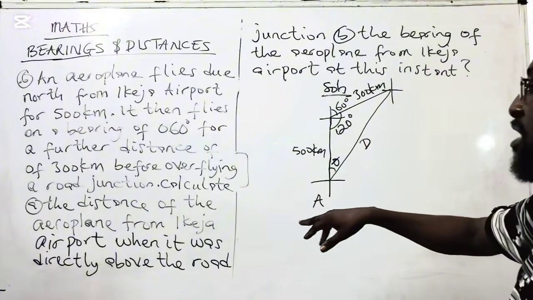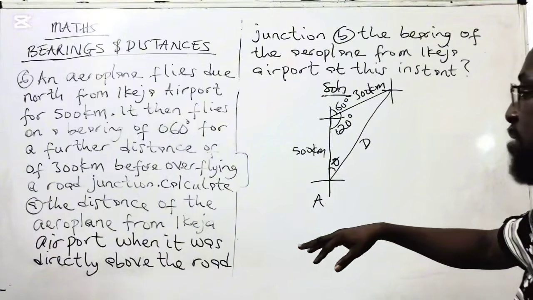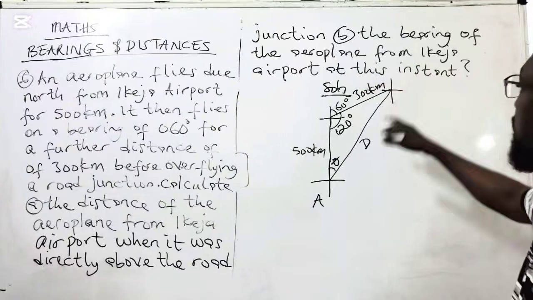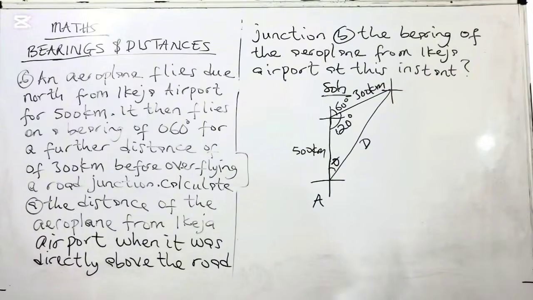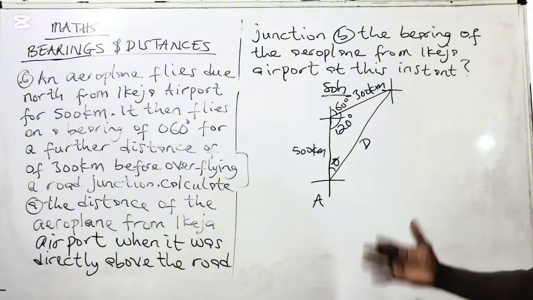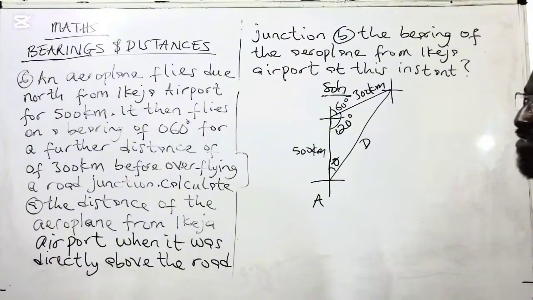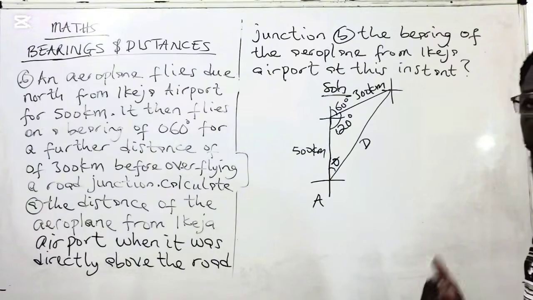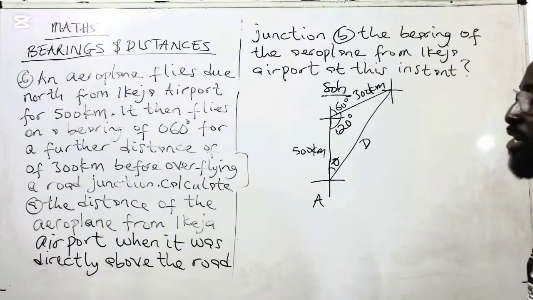Calculate the distance of the airplane from Ikeja Airport, then the bearing from Ikeja Airport. So that's just theta. This one is even easier than most of the questions that we have done. It's not actually the length of the question that matters. Just try as much as possible to draw the diagram. If you can draw the diagram, then possibly you can solve the question.